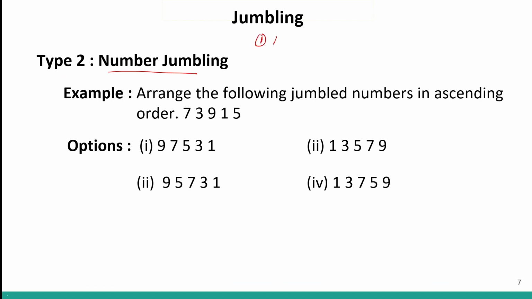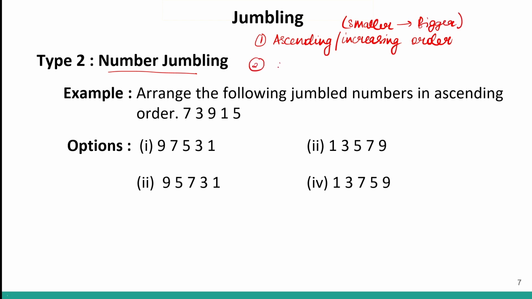The first concept is ascending, also known as increasing order. Increasing order means what? Smaller number to bigger number. That is how we move, right?